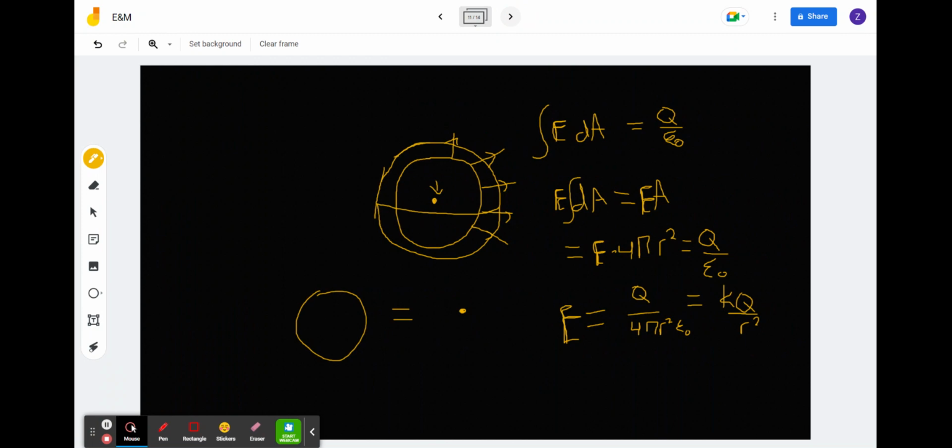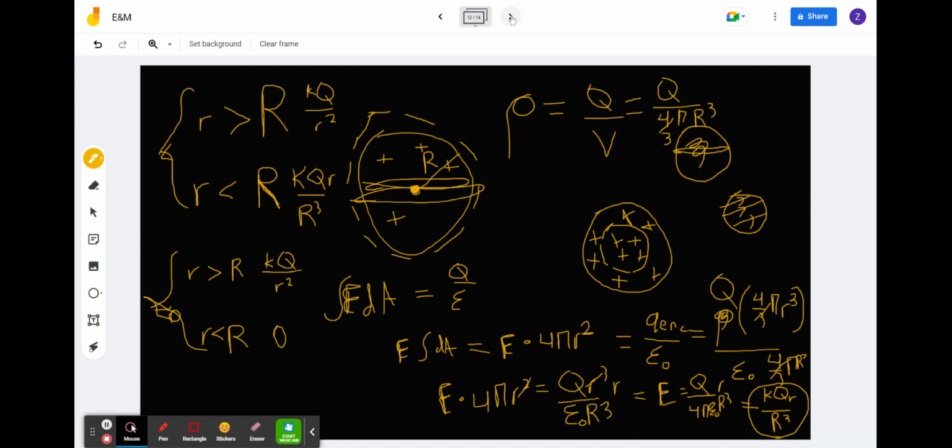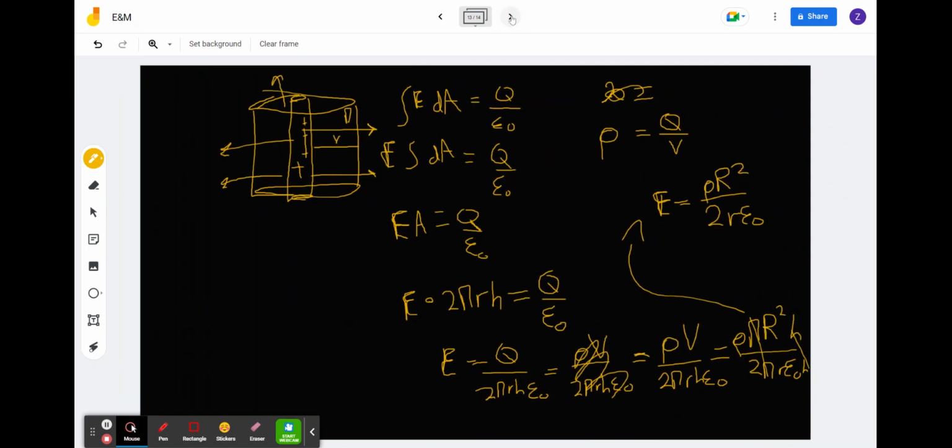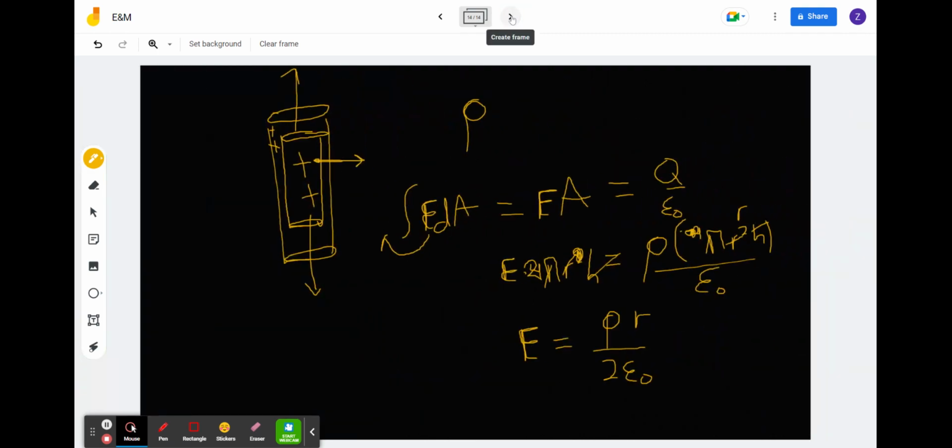Then we talked about an insulating sphere, both on the outside and on the inside. And then we talked about an infinite insulating cylinder with a certain volumetric charge density, both on the inside and the outside.